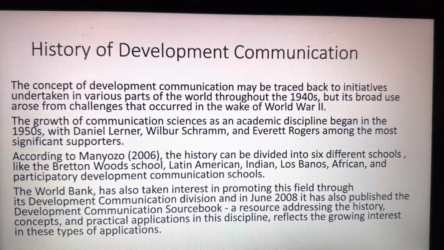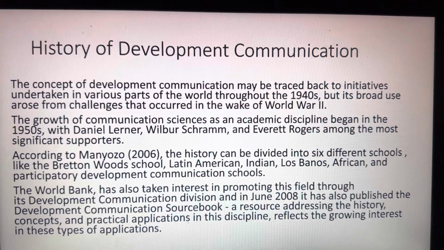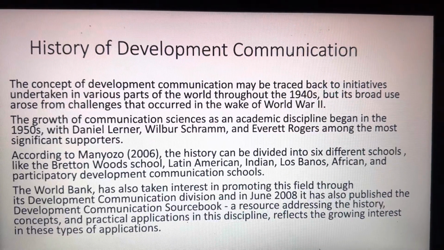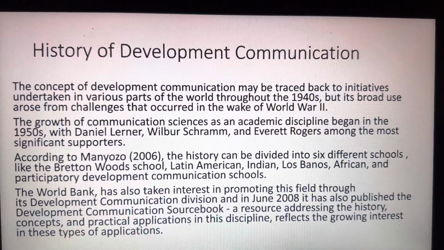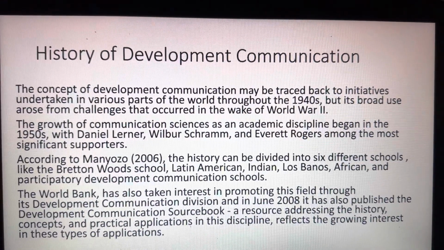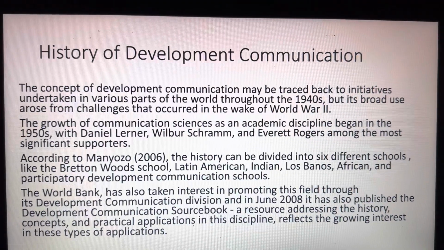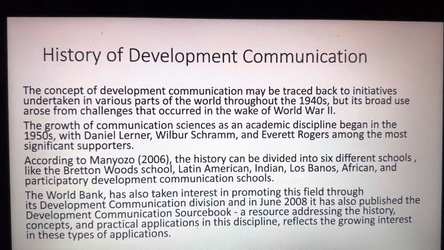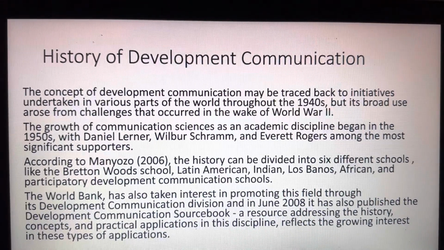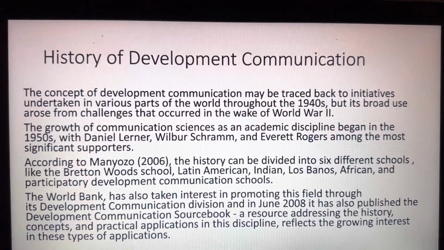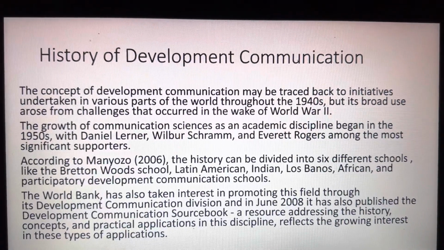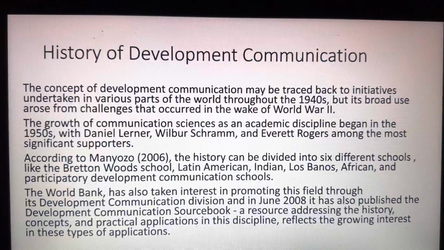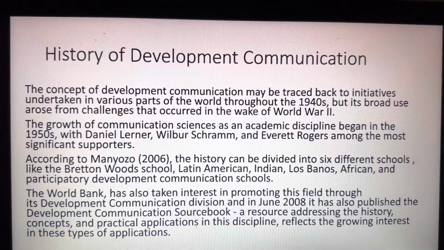The growth of communication sciences as an academic discipline began in the 1950s with Daniel Lerner, Wilbur Schramm, and Everett Rogers among the most significant supporters. According to Manyozo, the history can be divided into 6 different schools like the Bretton Woods School, Latin American, Indian, Los Baños, African, and participatory development communication schools.